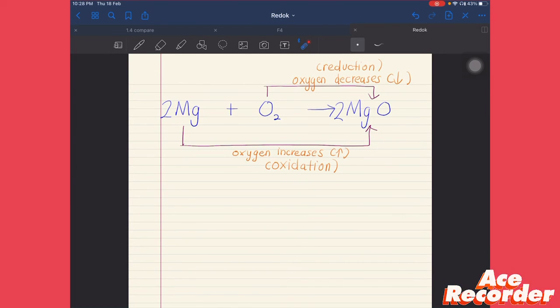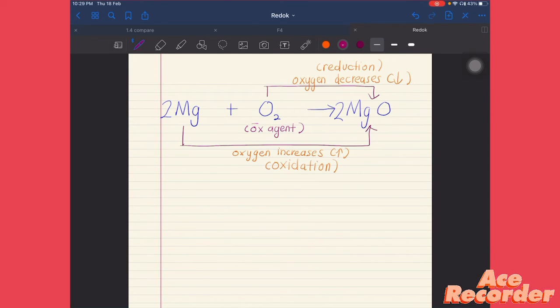It must have one particular friend, the one that supports it to undergo the process. That particular friend, we call an agent. So magnesium undergoes oxidation. The particular friend for magnesium is oxygen gas. So oxygen gas acts as the oxidizing agent.